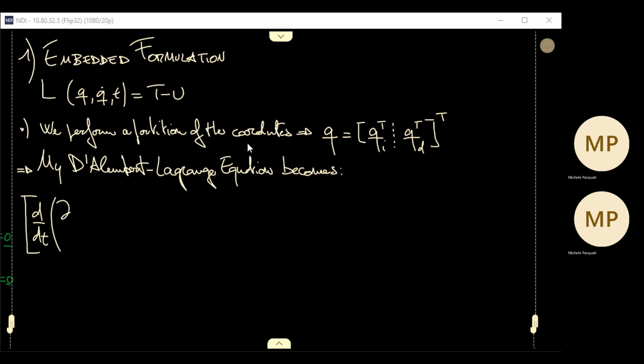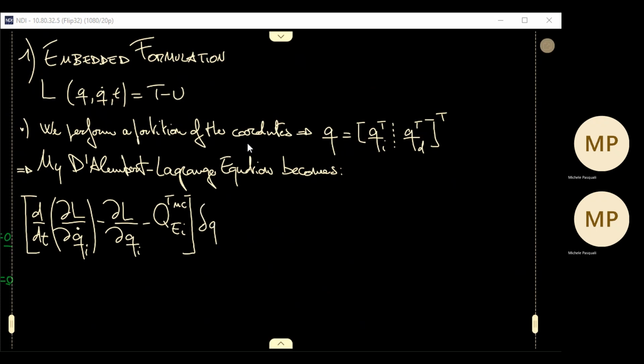So first we have the derivative with respect to the independent coordinates, and then the dependent ones. And then we have the second part. It's not T, it's L.